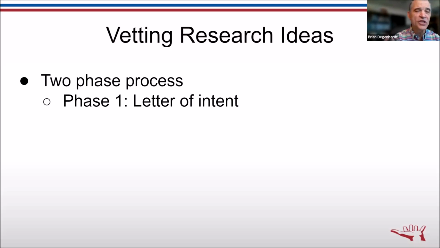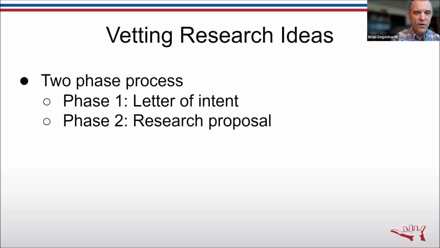The first one is just to give us a letter of intent, a single page that outlines what your research question is, and an overview of how you think it would run. And then once that has been reviewed and accepted as very meaningful and appropriate for the research network, then doing a more complete proposal, a 2 to 3 page proposal, giving us a little more detail about how you see this running.